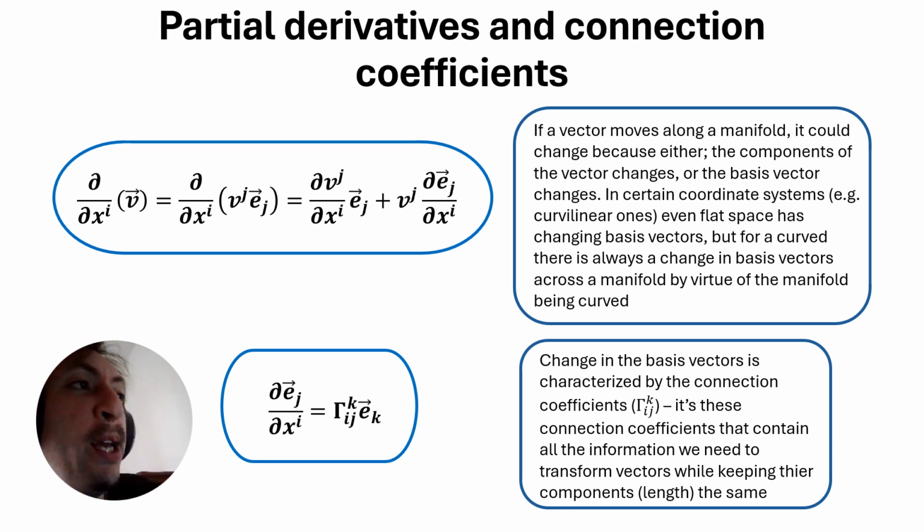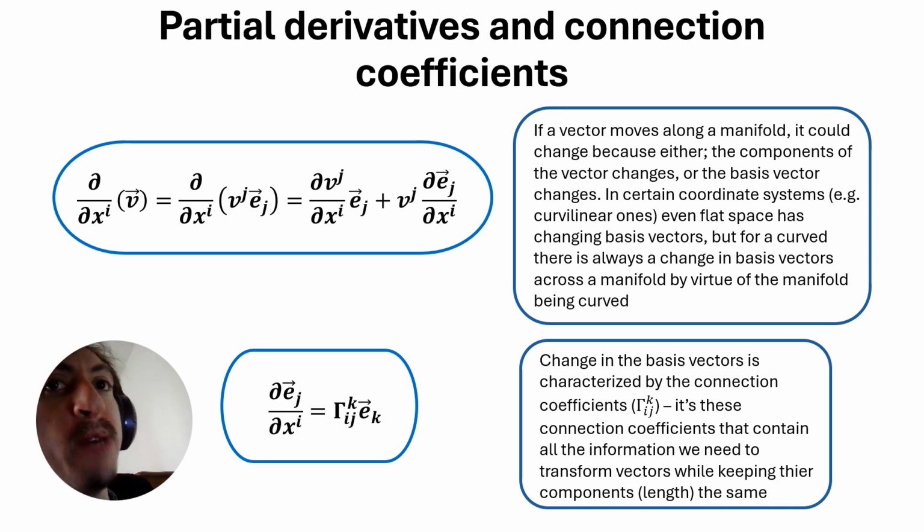Now, it tends to be the case that we define coordinate systems where the change of a basis vector along a spatial axis is given in terms of a linear sum of the basis vectors on that tangent plane.